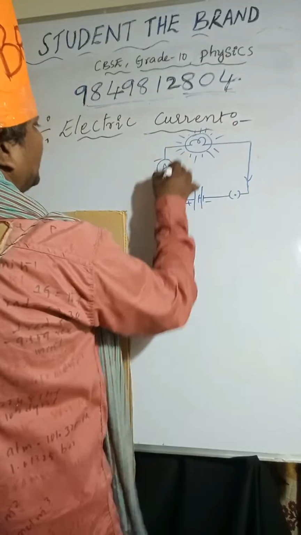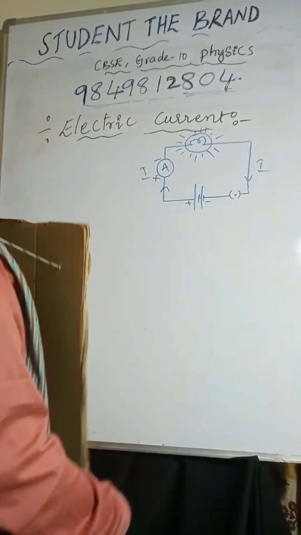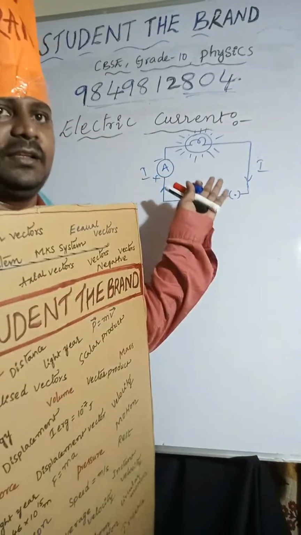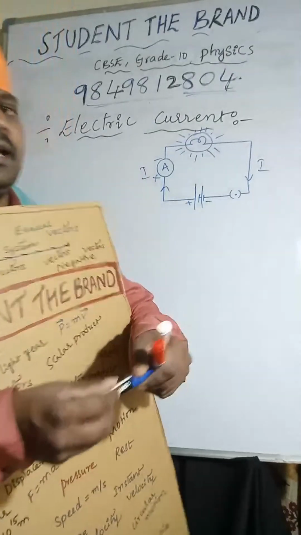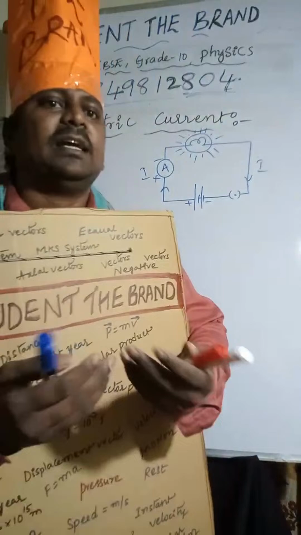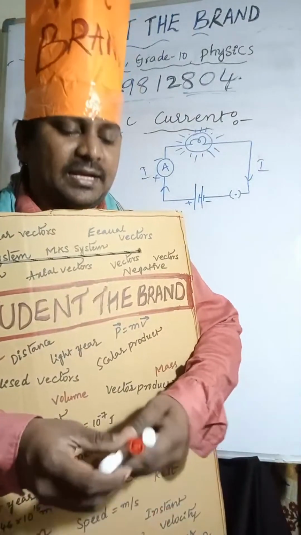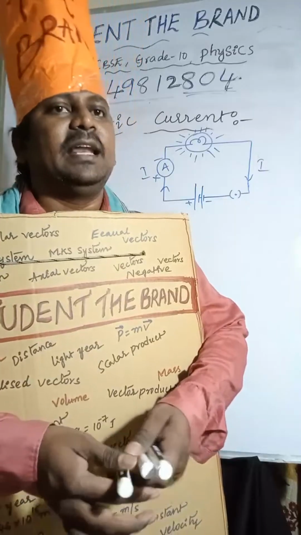Positive terminal, negative terminal, current is flowing, I, and here also I. So here you can observe current is flowing. A continuous and closed path of an electric current is known as an electric circuit.